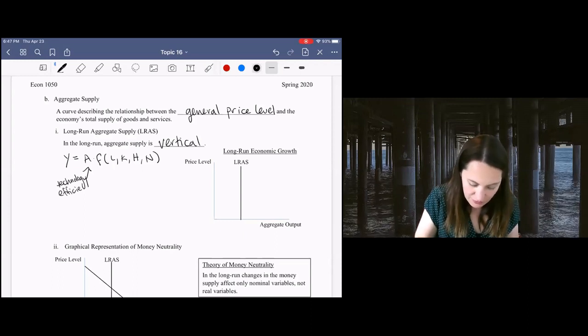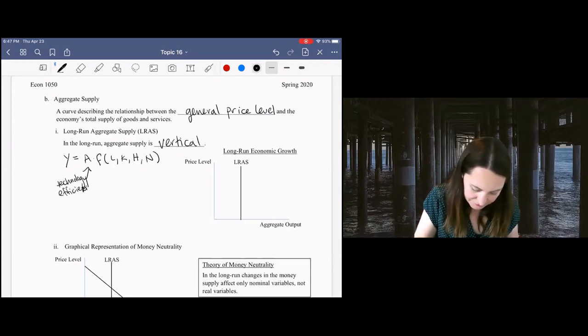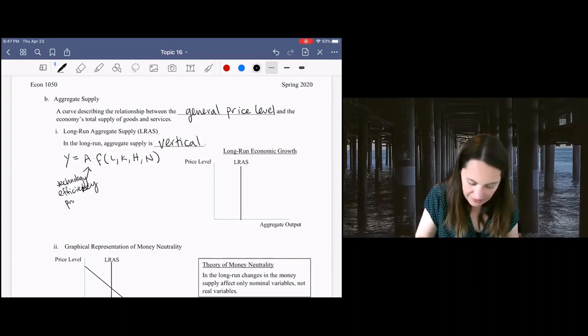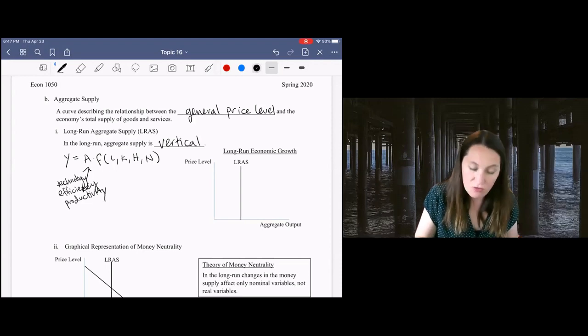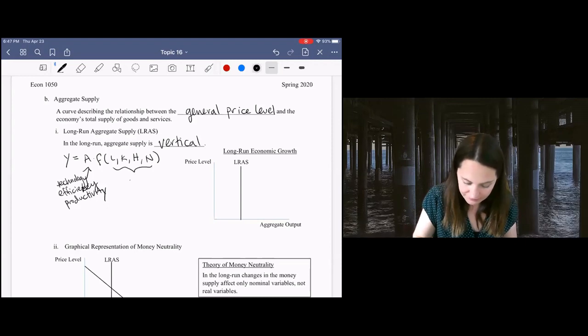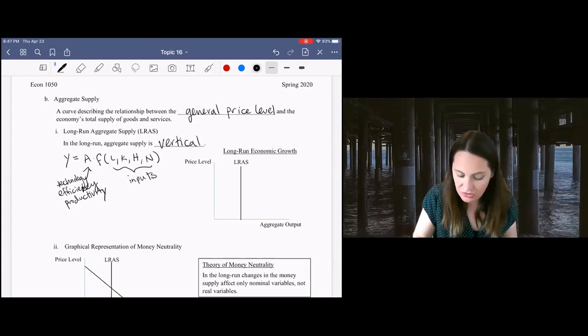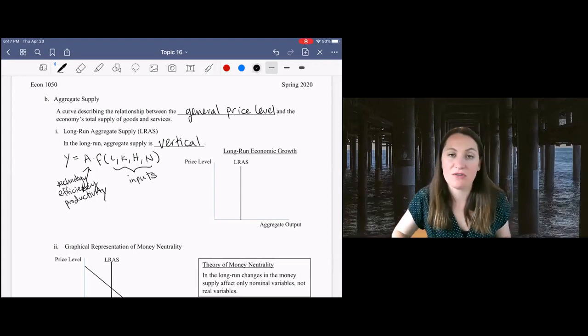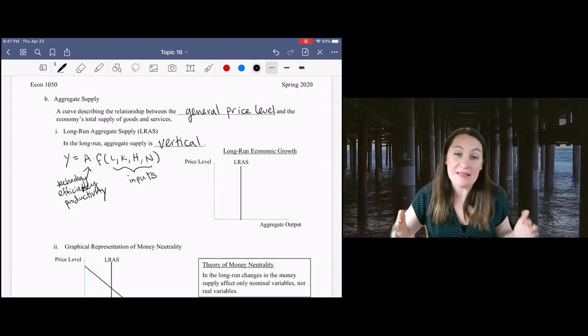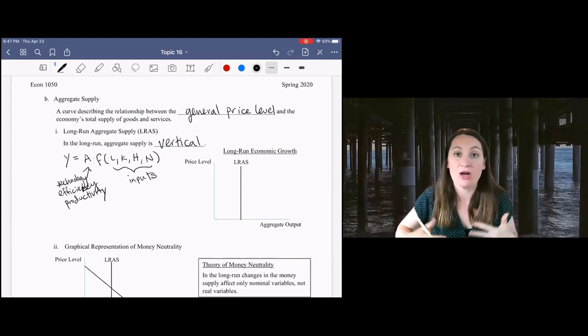So we have this production function that describes the variables that might affect real output in the long run. You can refer back to the first video in this section if you want a little review of that, but this is the way that we think about long run economic growth or decline, okay?